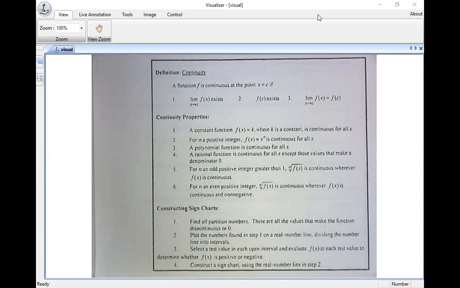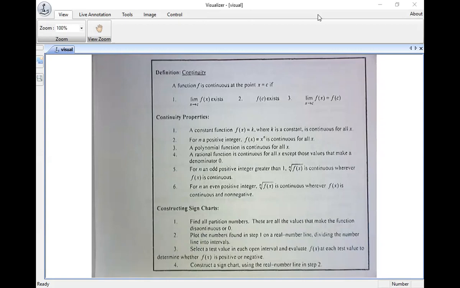The radicals, if our function is something that is a radical expression, look at your index. As long as your index is an odd number, like a cube root or a 5th root, and it's positive, then that thing will be continuous everywhere, okay? But what's the problem if it's even? Like a square root.